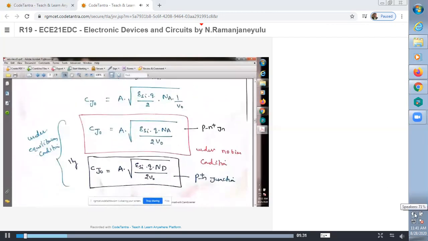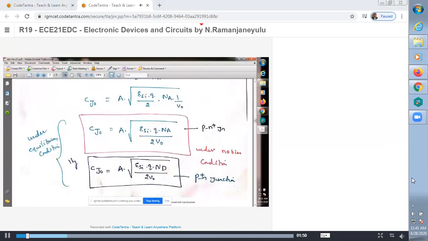And then we derived the Cj naught. Cj naught is the junction capacitance under equilibrium condition, that is equal to A into under root epsilon Si Q into Na by 2V naught, that is for PN plus junction. For P plus N junction, only a small change: instead of Na, here it is Nd.